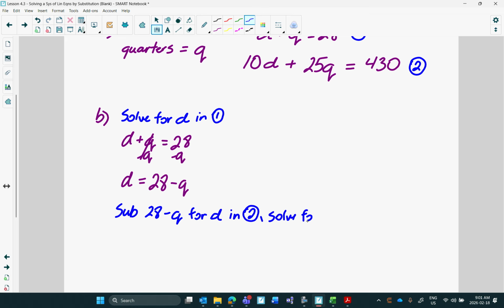That will give you an equation that has just Q's in it. So instead of D, I'm going to replace it in parentheses with 28 minus Q. So 10 times 28 minus Q plus 25Q is equal to 430.